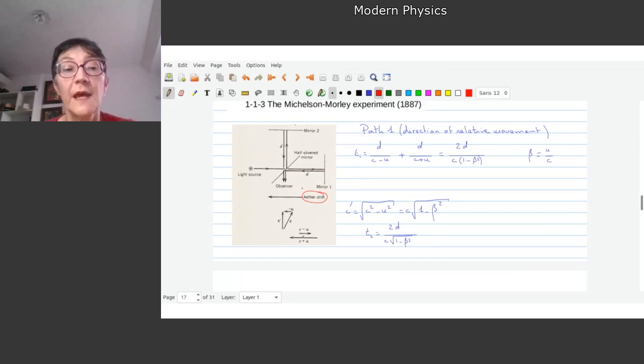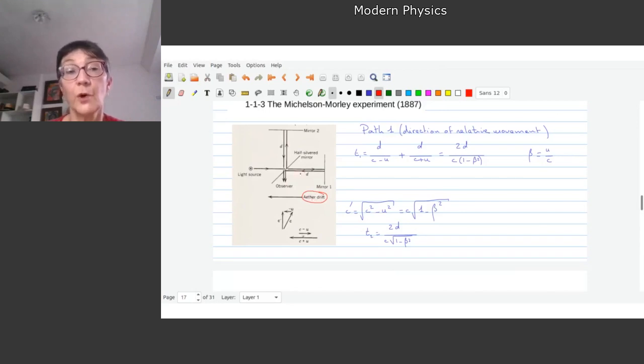Why will it be different? Because the velocity of light in this reference frame is c, but in the Earth frame, it is different. Why is it different? Because Earth is moving relative to the ether. You understand?